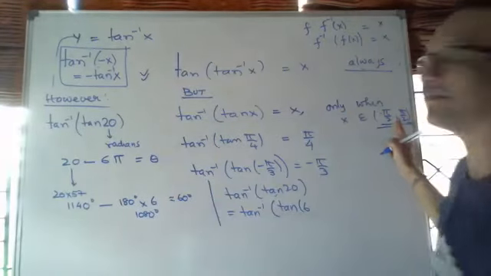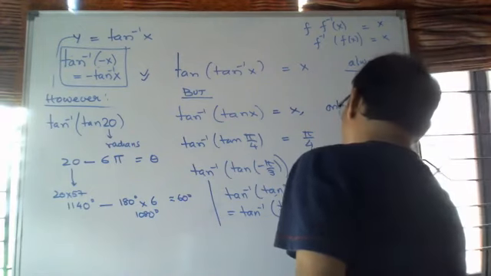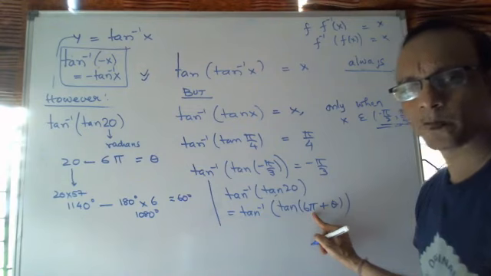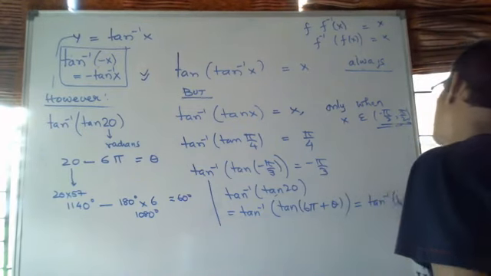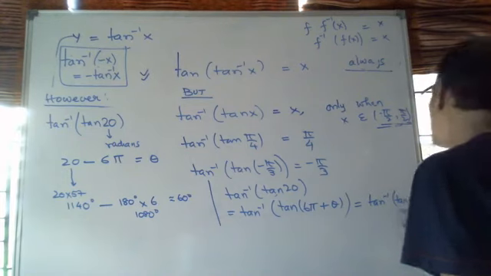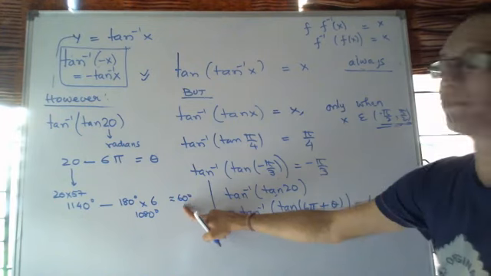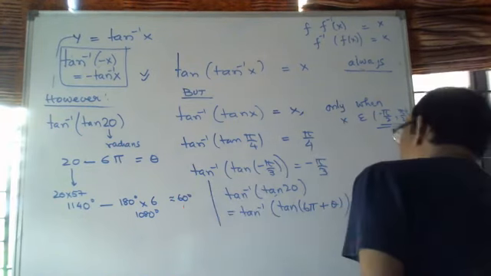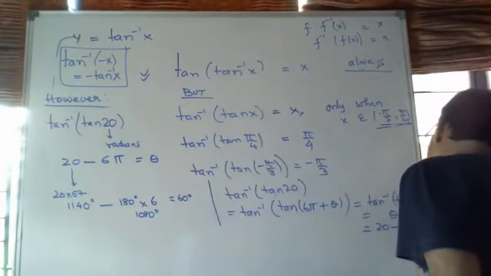Theta lies in this interval, right? Tan of 6 pi plus theta is like tan theta, so this is like tan inverse tan theta. Now this is theta, because theta lies in this interval, pi by 3. So what is theta? Theta is 20 minus 6 pi. So the output of this is 20 minus 6 pi.